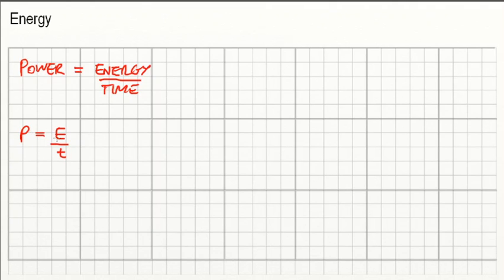Now, what if we replace this energy with work? We know that the transfer of energy is work done, and work is given by force times distance. Remember that this is a dot product, but I'm just now assuming that those are the magnitudes of the vectors and they are aligned, divided by time.